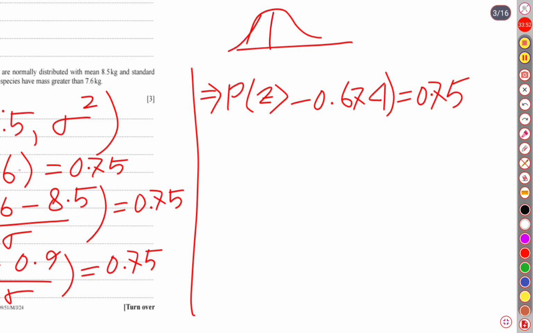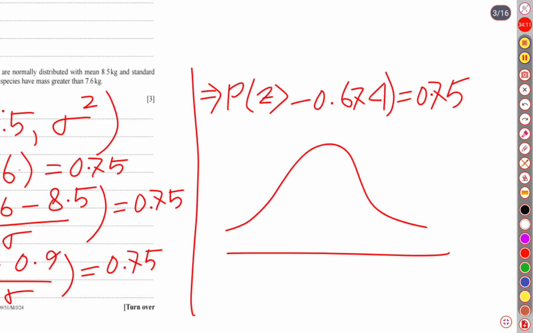Where it is 0, our negative z score is 0.674, or negative 0.9 over sigma. Let me draw more precisely. Suppose this one: our z score lies over here. This portion is 0.9 over standard deviation. So this is our z score.